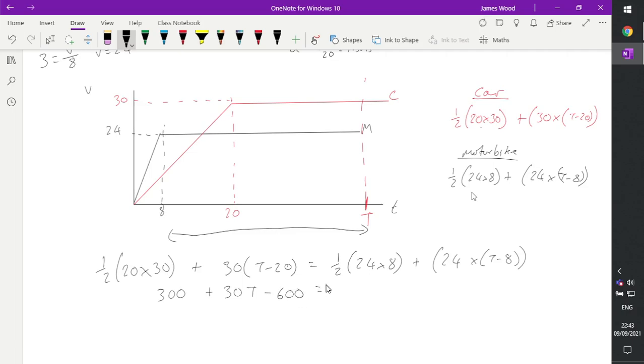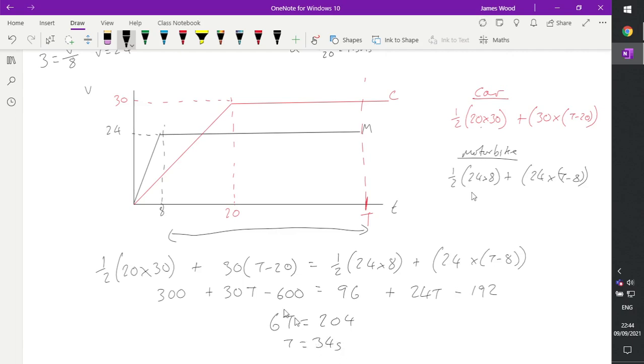That would be 96 plus 24t minus 192. Okay, so that could be 6t equals 204. So then t is 34 seconds.